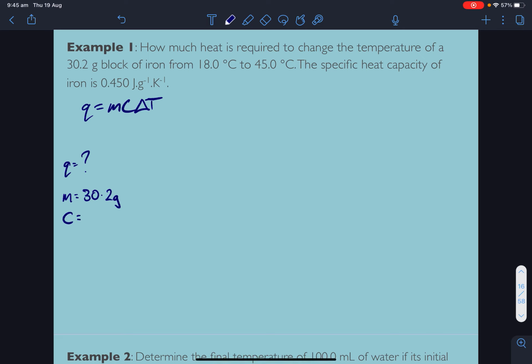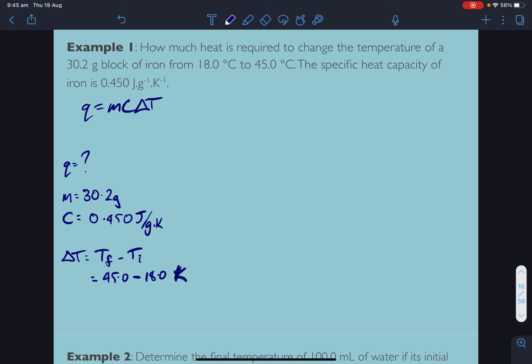So we're looking for C, the specific heat capacity of iron, and it's given as 0.450 joules per gram per Kelvin. I'll write it like that. And we need a delta T. So delta T equals T final minus T initial, which equals 45.0 minus 18.0 degrees Celsius, or I'm just going to say Kelvin because the magnitudes are equal.